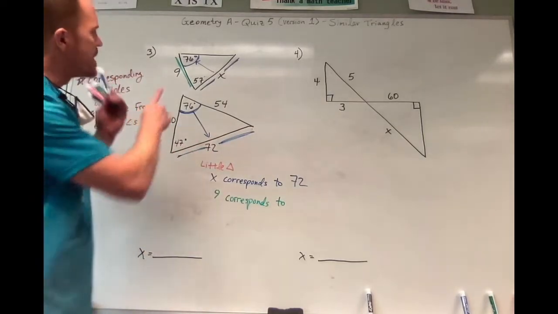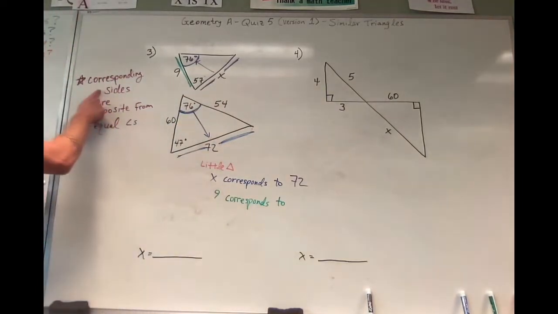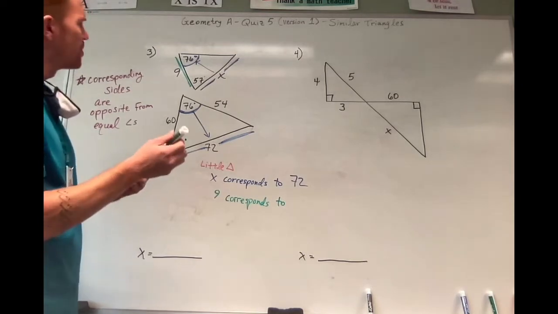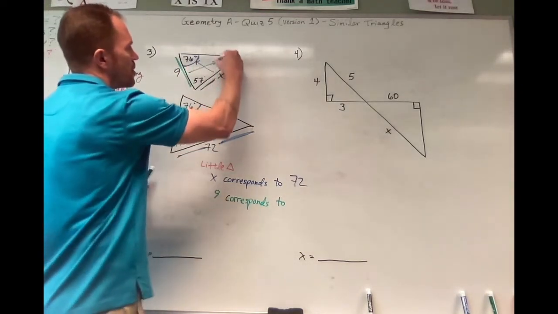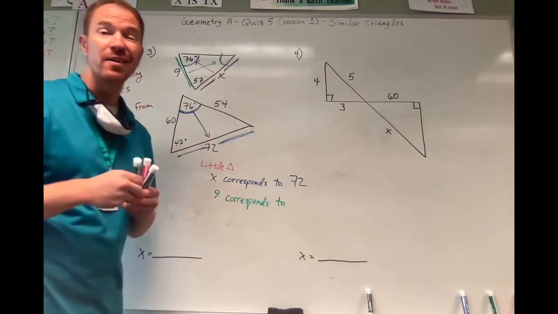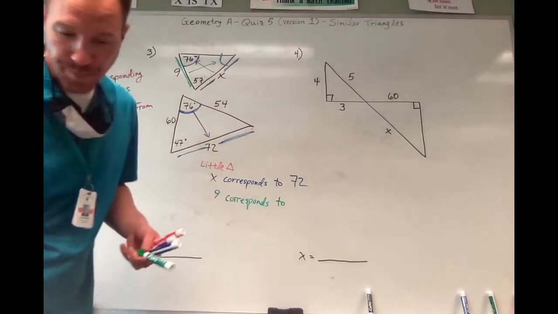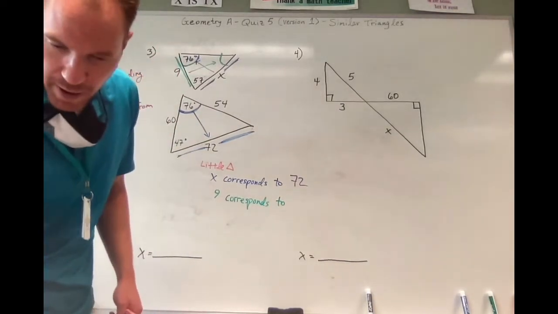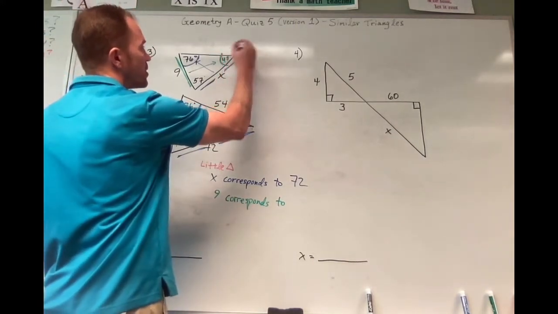But 9, I don't know the angle it's opposite. We're looking for corresponding sides to be opposite equal angles. But you know what? I can use the triangle angle sum. If I know 2 angles in a triangle, I can figure out the third. If we take 180 total for all 3, we can figure out that this is going to be 47 degrees.